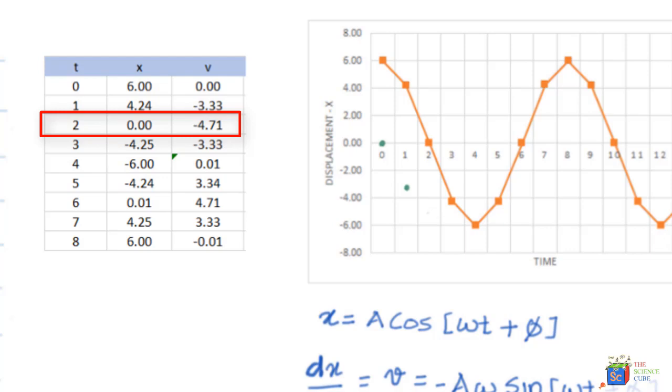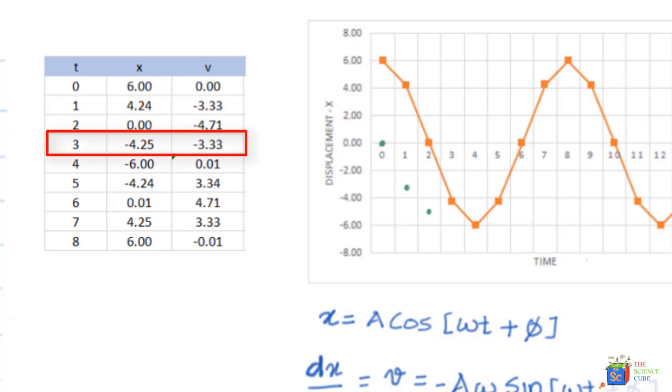And if this is 5, then 4.71 should be somewhere over here. Then at t equal to 3 seconds, the mass has gone beyond the equilibrium position and its velocity is minus 3.33 meters per second. So if we plot minus 3.33, it should be over here.